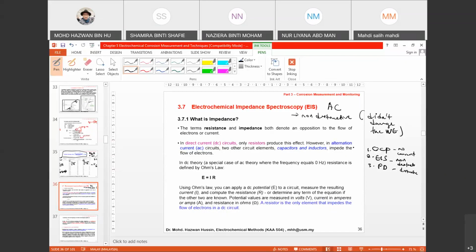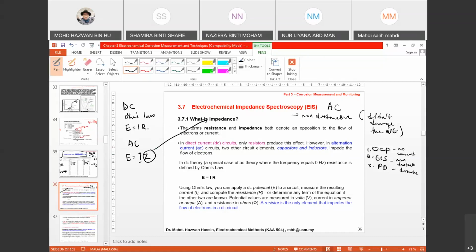Okay, right. So what is impedance? In DC theory, in direct current theory, for Ohm's law, you will get potential equals current multiplied by resistance. In an AC system, Ohm's law will be E equals I Z. Z is known as impedance.